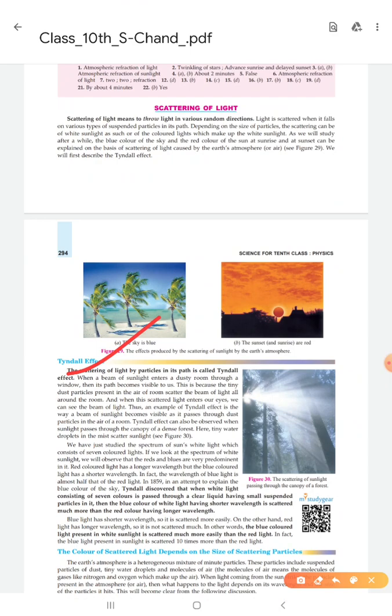Scattering of light means to throw light in various random directions. Suppose a light is coming and it is striking some molecules, some particles. Then what happens? The light strikes these molecules and particles, and these particles scatter the light, meaning they throw light in various directions. So this phenomenon is called scattering of light. Got it?